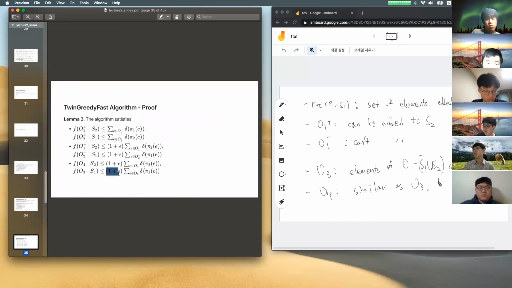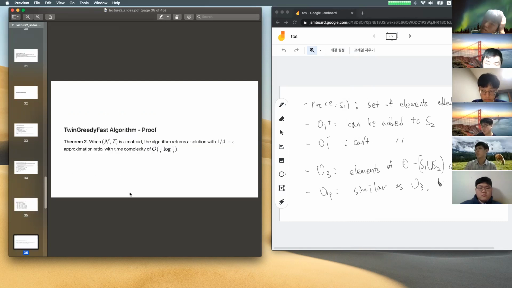The only difference is the 1 plus epsilon term. The authors use this property to prove the main theorem, and this algorithm has a faster running time with approximation ratio 1/4 minus epsilon.